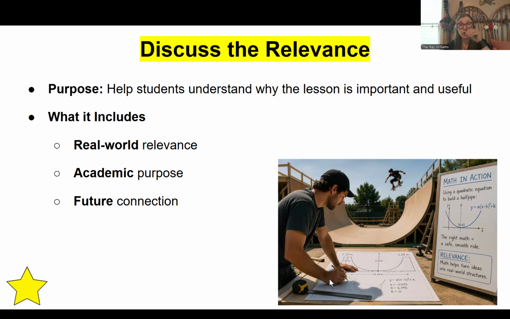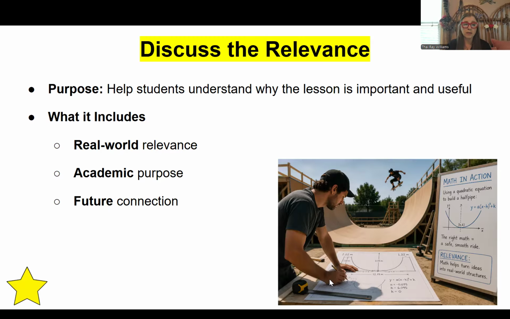Well, today we're learning about quadratic equations. And I might even share this picture, that when you build a half pipe, you have to use quadratic equations. So, man, what we're doing today in class is going to really help you when you're working on your own half pipe. And you can believe that student then is going to have buy-in.